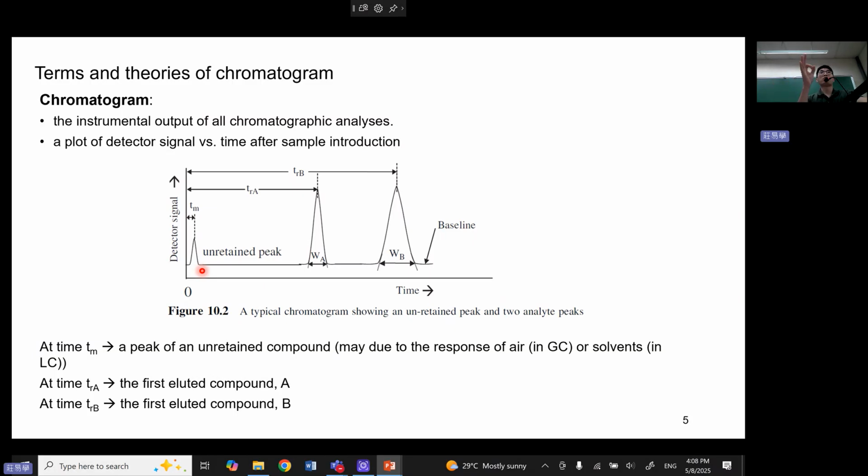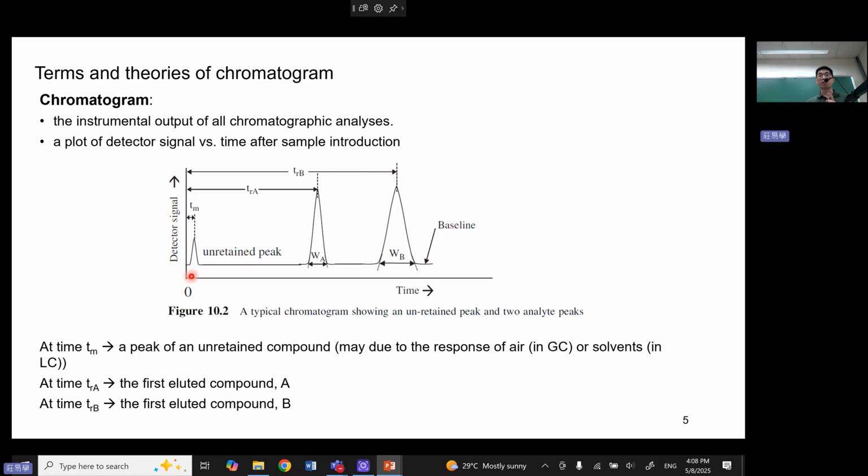Nitrogen and oxygen are pretty small. They are not able to interact with the surface of your column, so they end up getting eluted very quickly. We call this kind of compounds unretainable compounds.